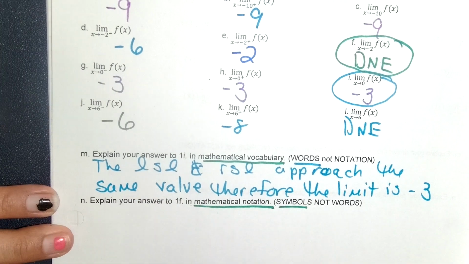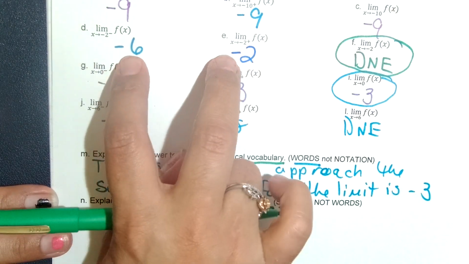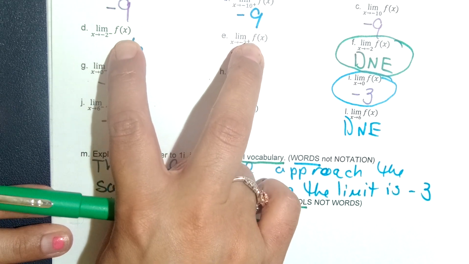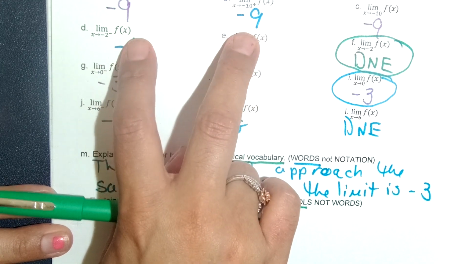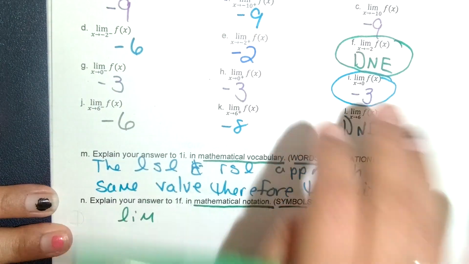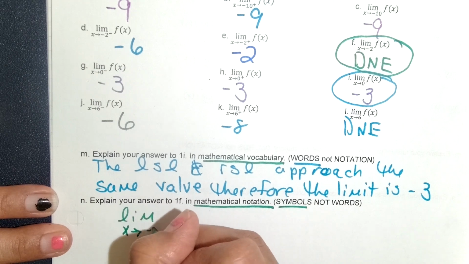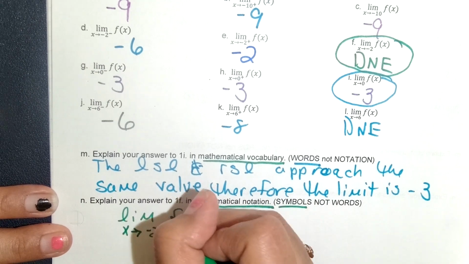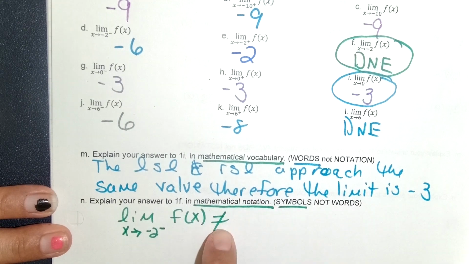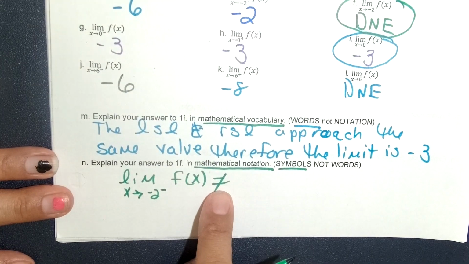So this would be as follows. The limit. And here's the hint. You want to use these two notations right here, the left side limit and the right side limit, to help you write the notation. So the limit, as x approaches -2 from the left of f of x. What does this symbol mean?